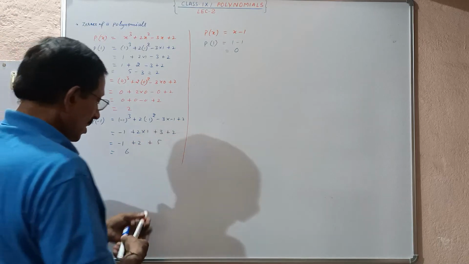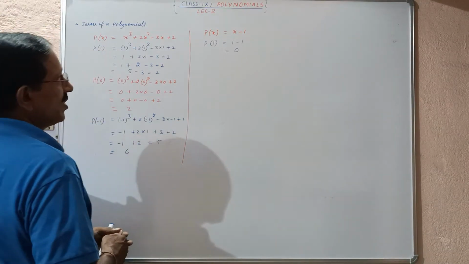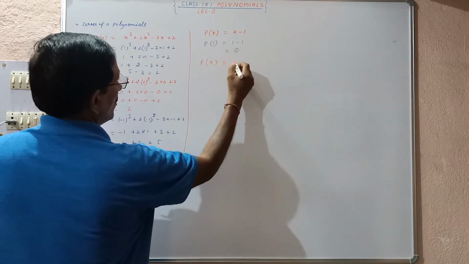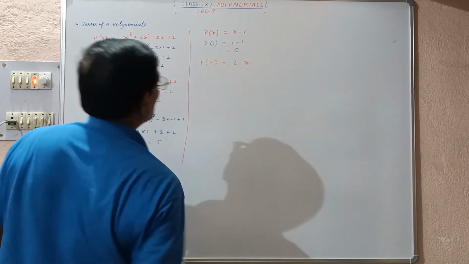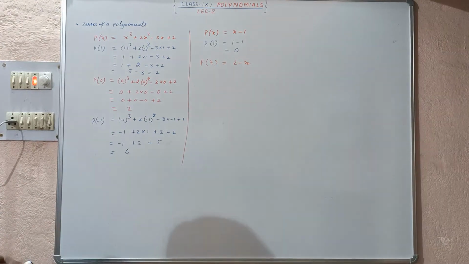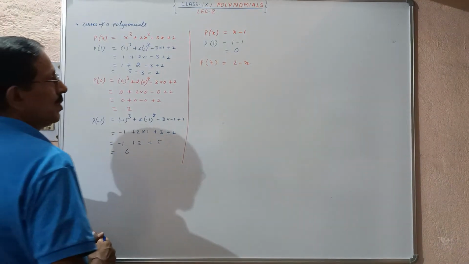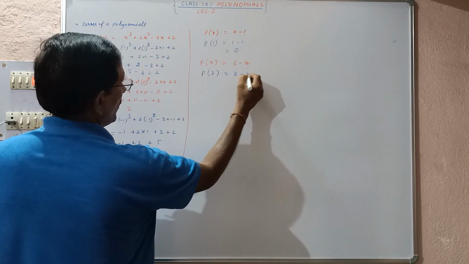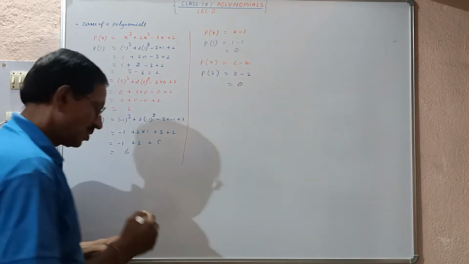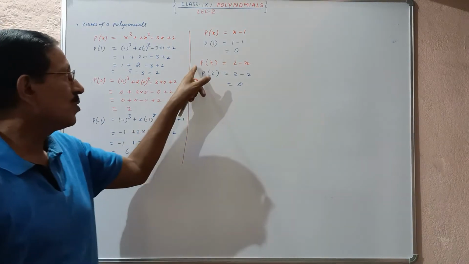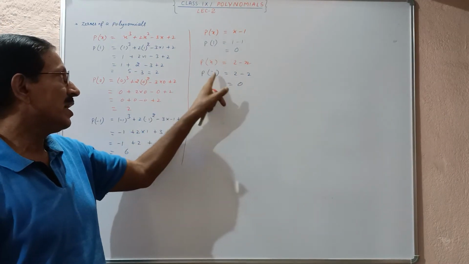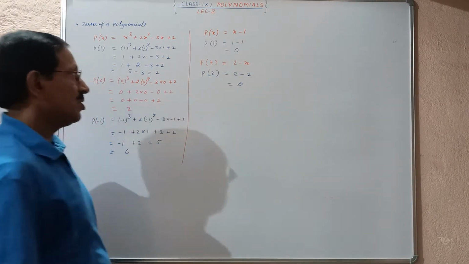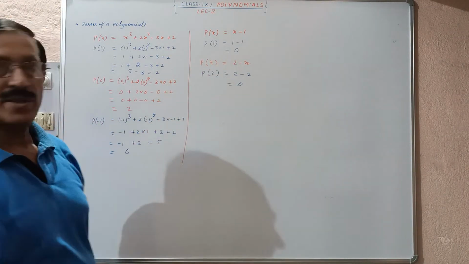Now take the other polynomial p(x) equal to 2 minus x. Now find p(2). p(2) equal to 2 minus 2, that is equal to 0. Here also the value of p(x) is 0 at x equal to 2. So this x equal to 2 is known as the zero of this polynomial p(x).